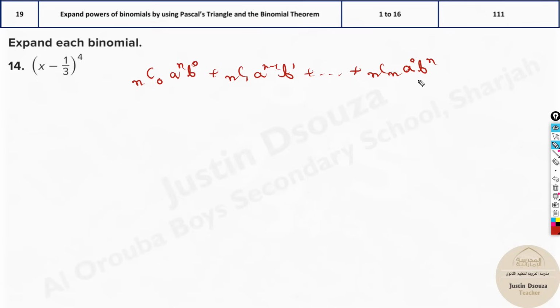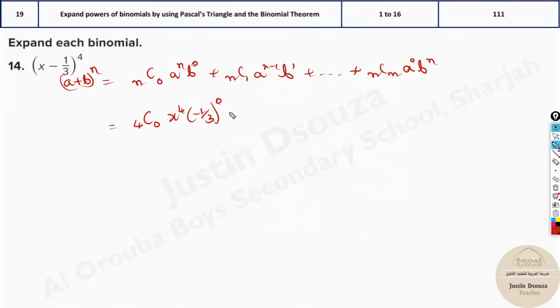Please write this formula. Even if you go wrong anywhere, for writing the formula and everything in detail, you get more marks. So this is for a^n. Now here what we have is power 4. So it's 4C0 and a is x to the power 4. What about b? It's minus 1/3.